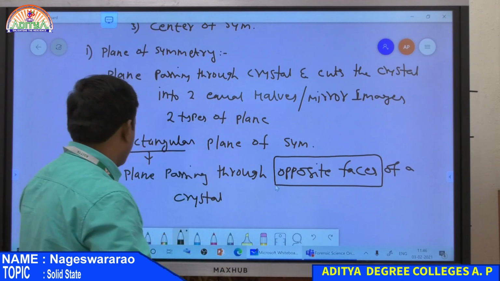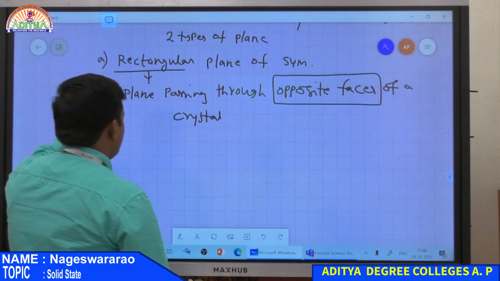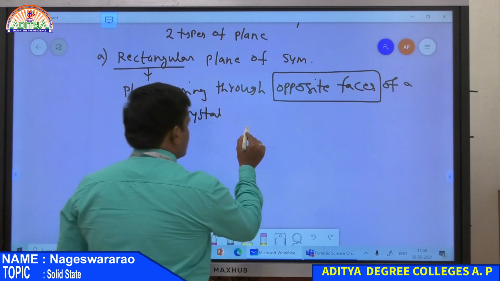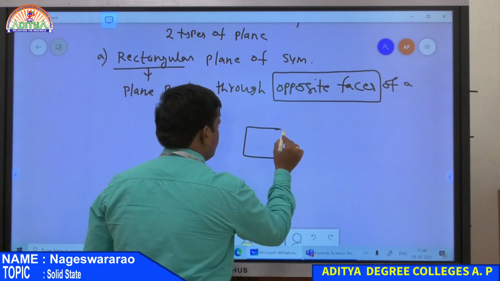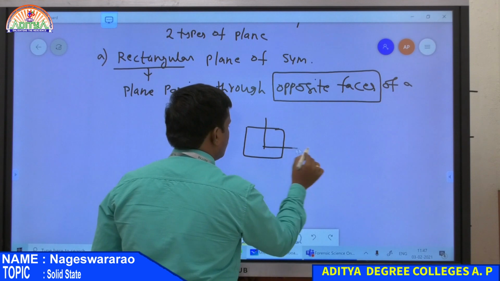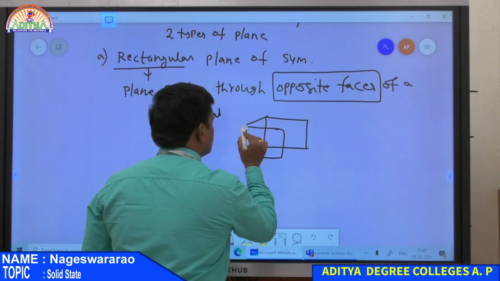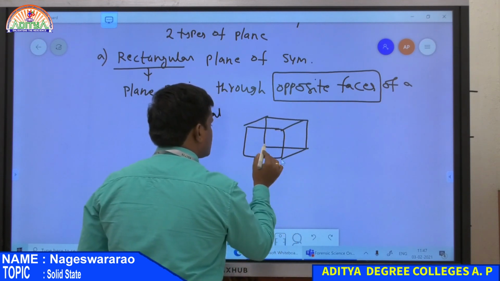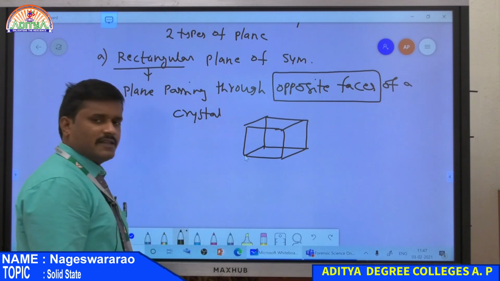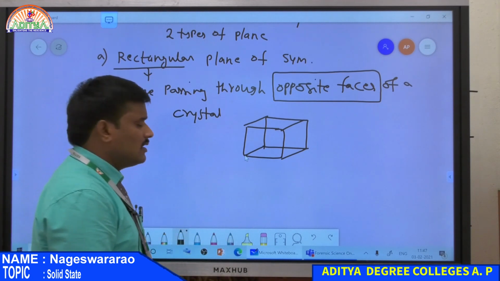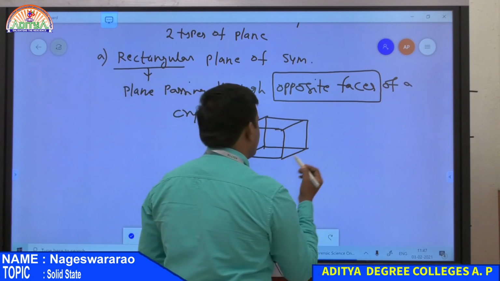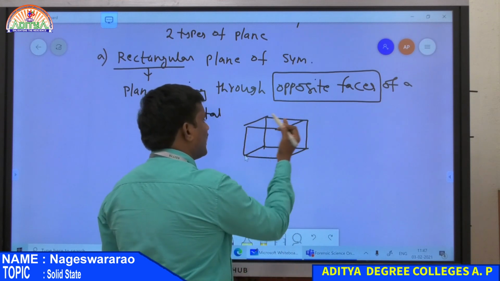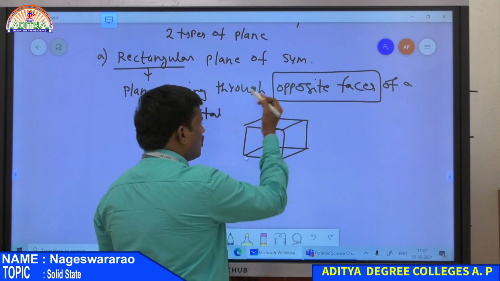So here look at the crystal. This is a crystal. How many faces are there for a crystal? Each crystal has 6 faces: front and back, left side, right side, top and bottom.